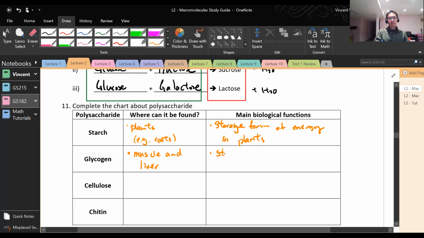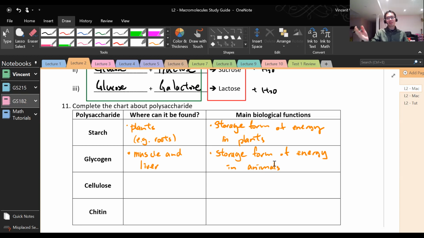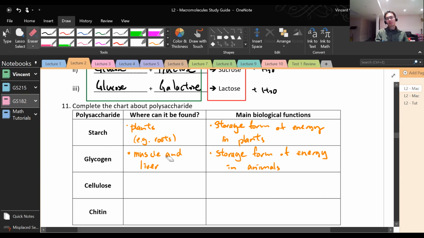And this one would be storage form of energy in animals. All right, so if you skip lunch or breakfast today, if you haven't eaten today, then your body would be breaking down the glycogen reserve and releasing the glucose so that your body can keep going.